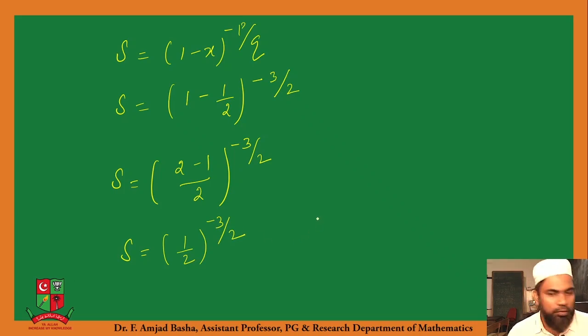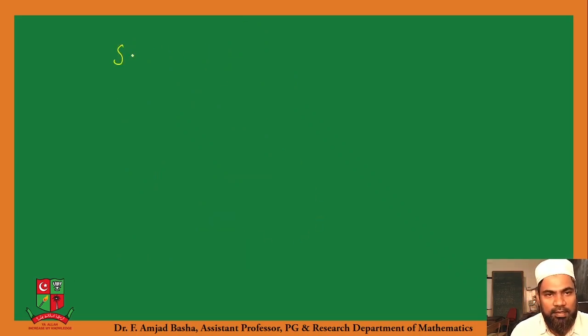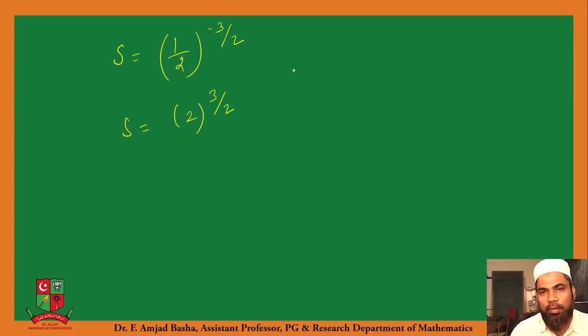Okay, so when you move on to the next step, (1 by 2) the whole power minus 3 by 2 can also be written, just continuing with the previous step, as 2 power 3 by 2. So 1 by a power m can also be written as a power minus m, so minus of minus becomes plus.